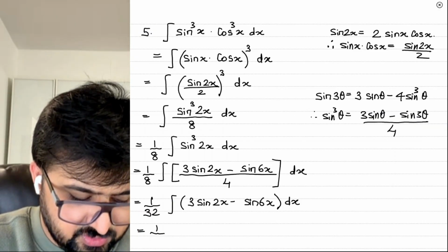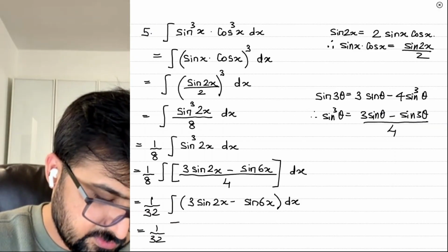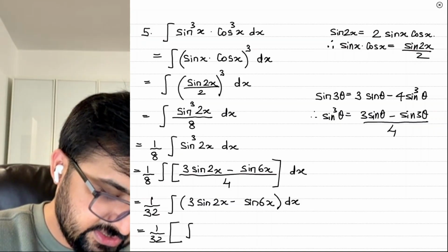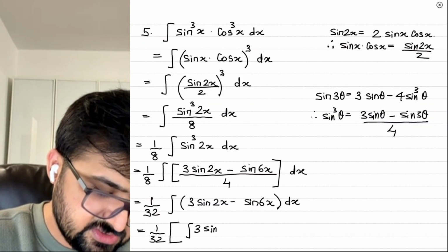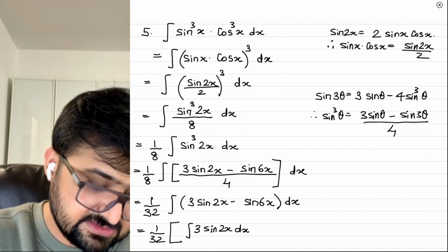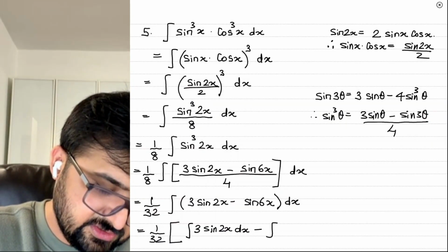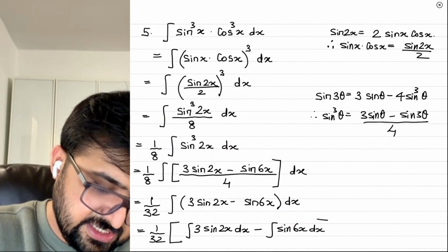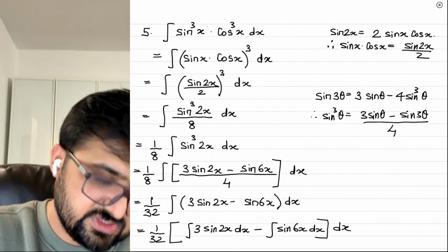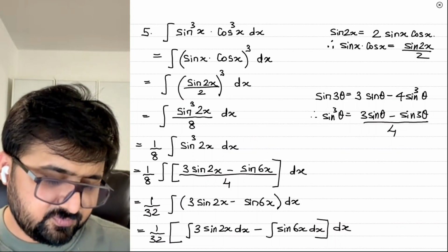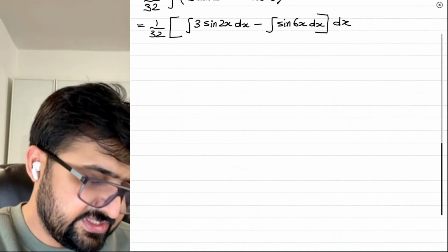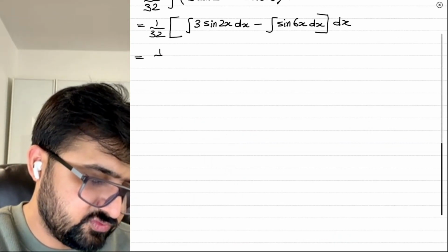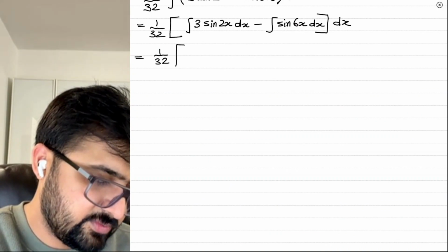So you get 1 over 32, put a bracket, integration of 3 sine 2x dx minus integral of sine 6x dx, close the bracket, with respect to x. Now it's very simple, integration of sine. So 1 over 32, put a bracket.